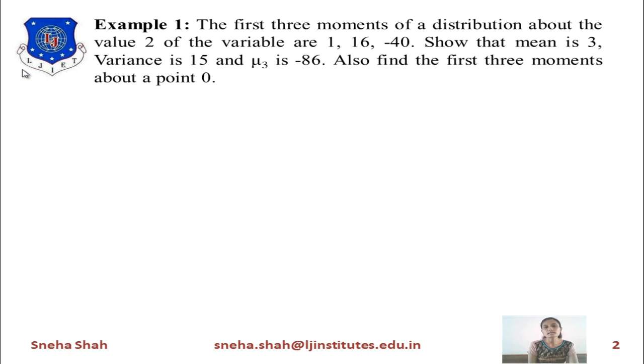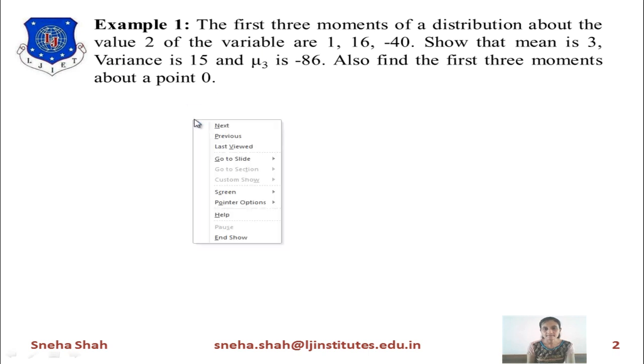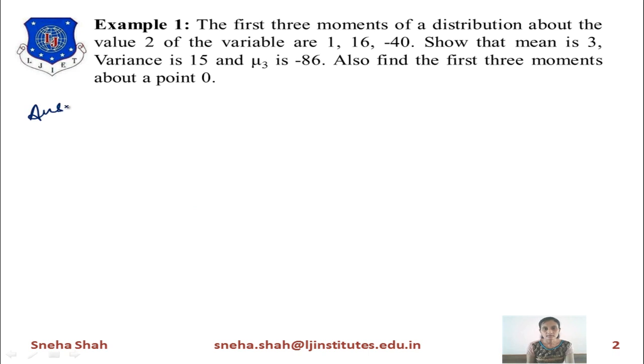Now how are we solving this example? Starting with this, if we consider these three terms 1, 16 and minus 40, these would be mu1, mu2 and mu3, but they are taken about a value of 2.